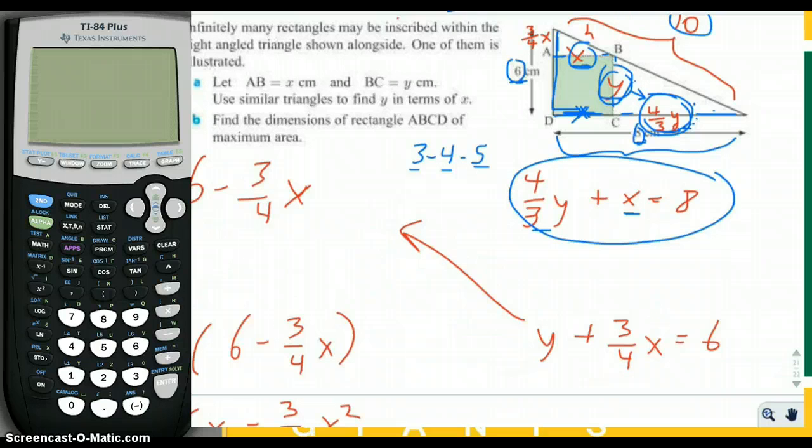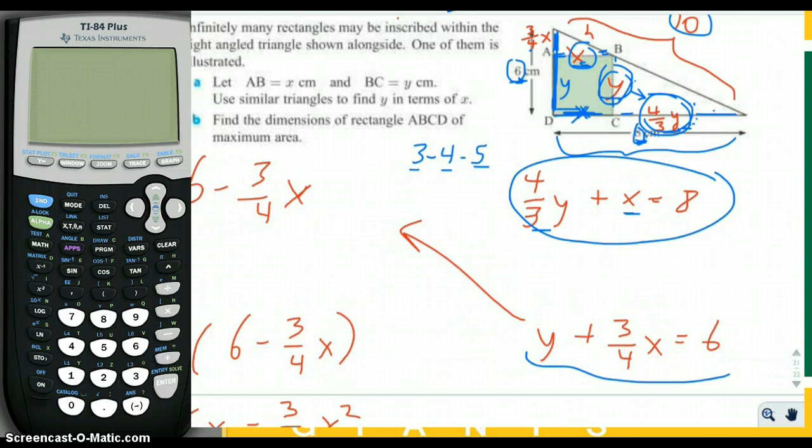Okay, and on this side here, it's the opposite. We know that this side is 6, and we can add together y here, and then a proportion of x to get 6. And so we could write the equation y plus 3/4 x, because if the long side of the triangle is 8, we multiply by 3/4 to get 6.